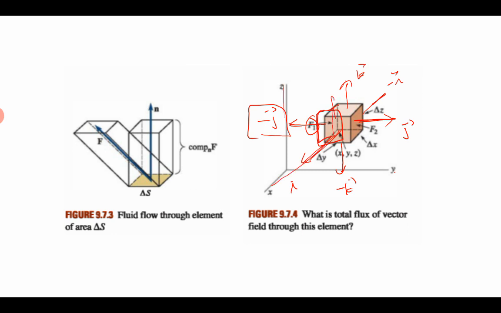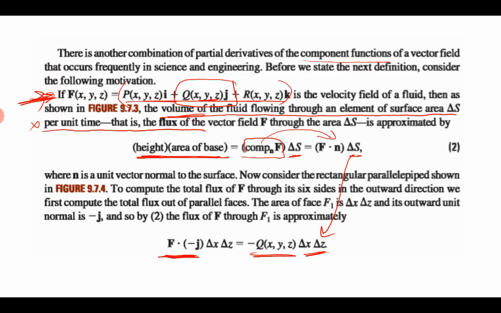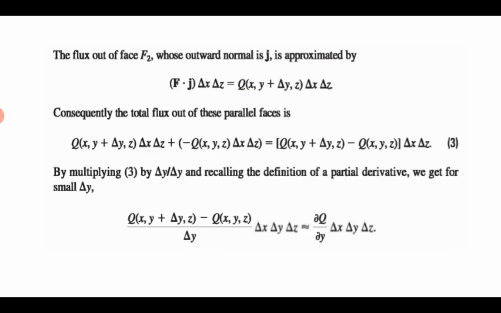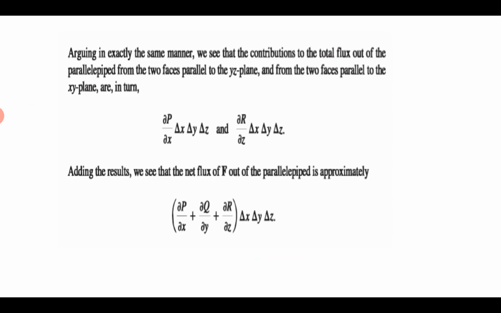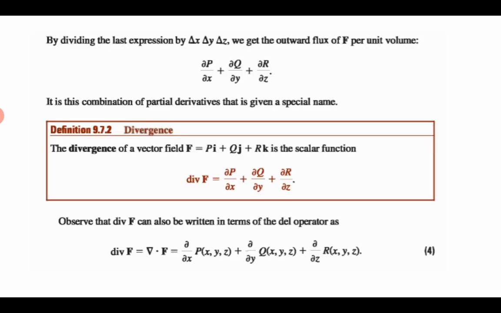So dz dx. That is it. That is the volume flux for this one surface. In this way, we find the surface flux for all the sides, and then finally, when you sum them up, you will get this shape.